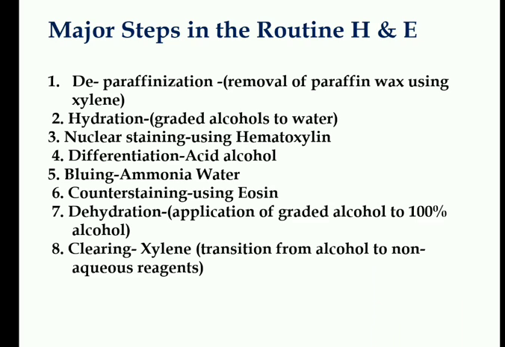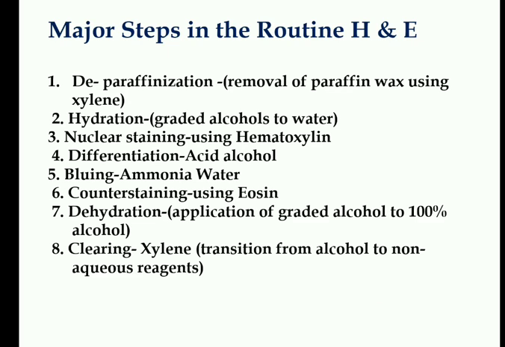Now, the major steps that we do in routine H&E are: first we do deparaffinization, which means removal of paraffin wax using xylene. Next step is hydration, graded alcohol to water.